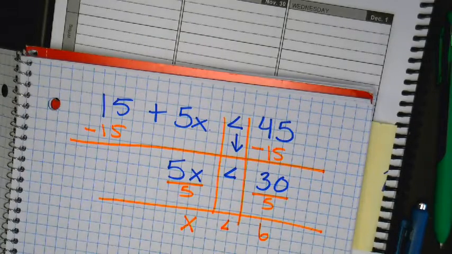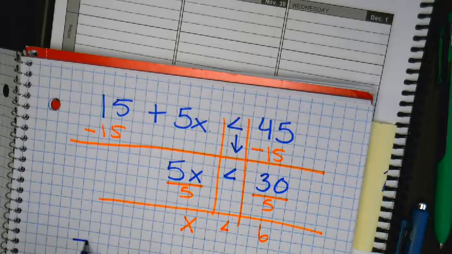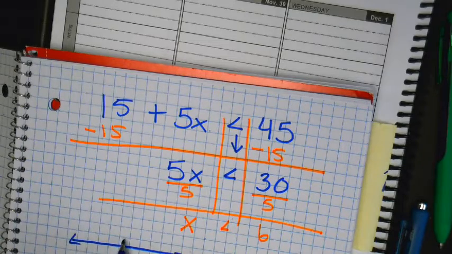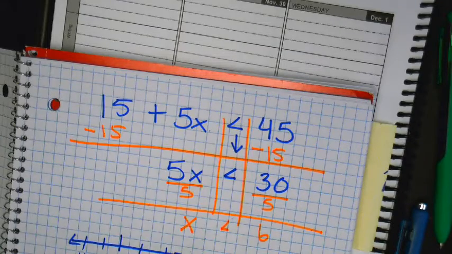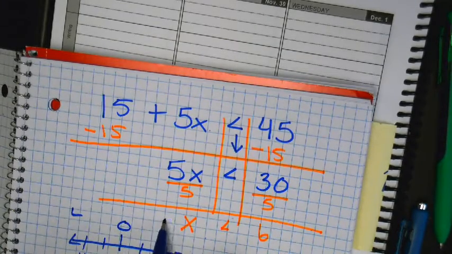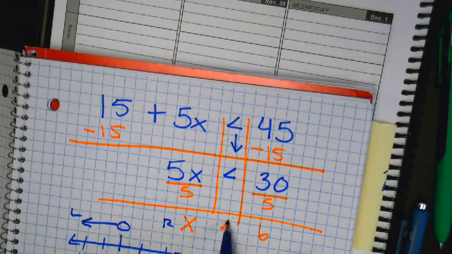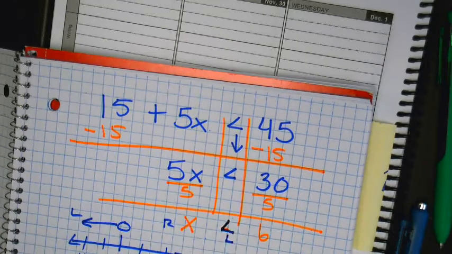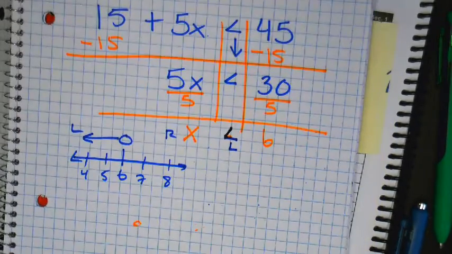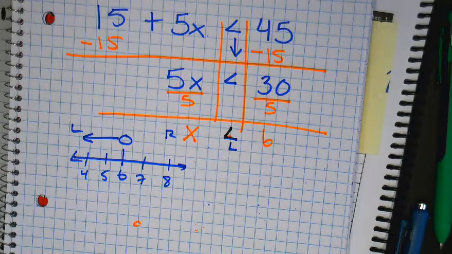Again, another 6. That's easy. 6, with 5, 4, 7, 8 around it. Open or closed circle? Open. And left or right? Left, this is pointing to the left. Are we okay with these?